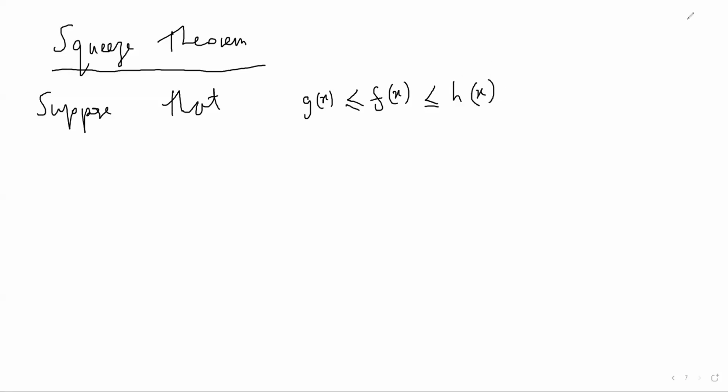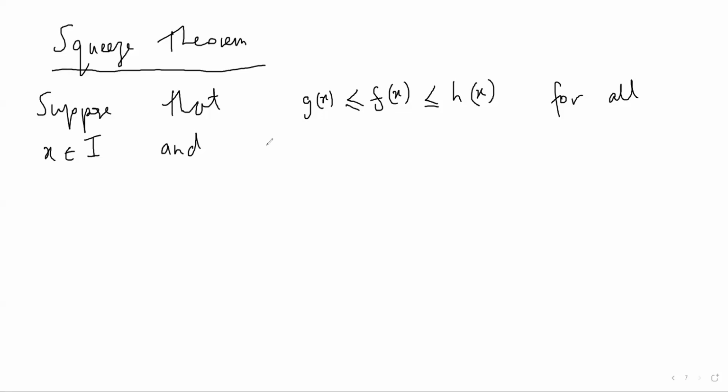So basically, this function is squeezed in between these two functions. And suppose that this is so for all x values in some interval, meaning for all x's belonging to some interval I. And also suppose that there's a number a, which is also part of this interval.